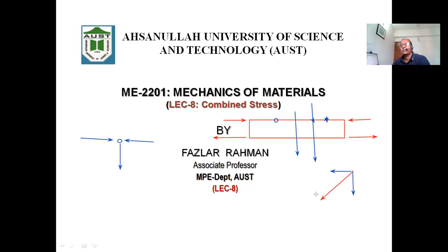This will be the resultant stress. That means the resultant of shear force and bending stress will be this stress. So what we figured out here is the combined effect of shear stress and bending stress. You can call it normal stress too. Combined effect of shear stress and the normal stress.